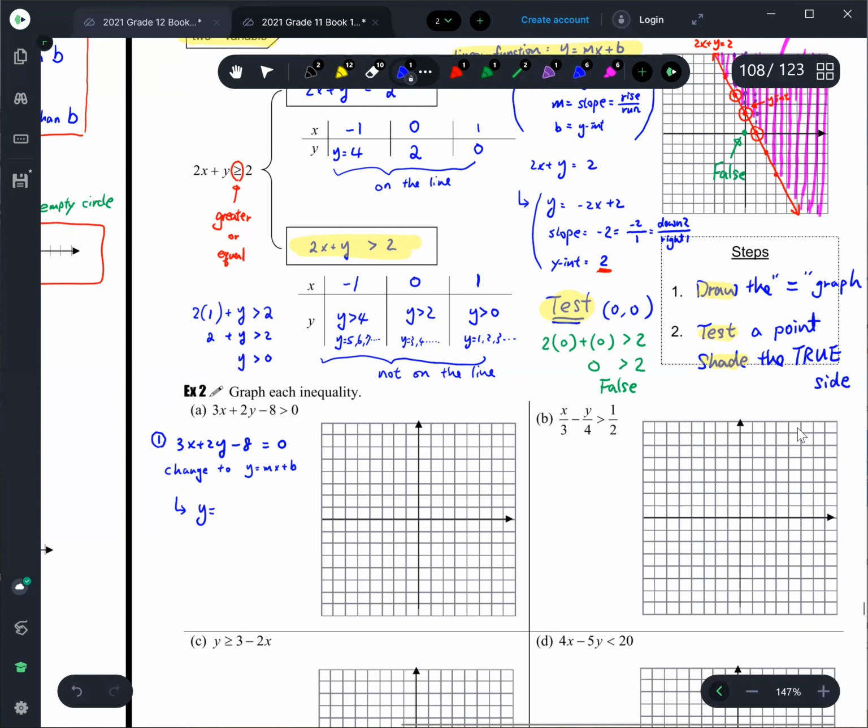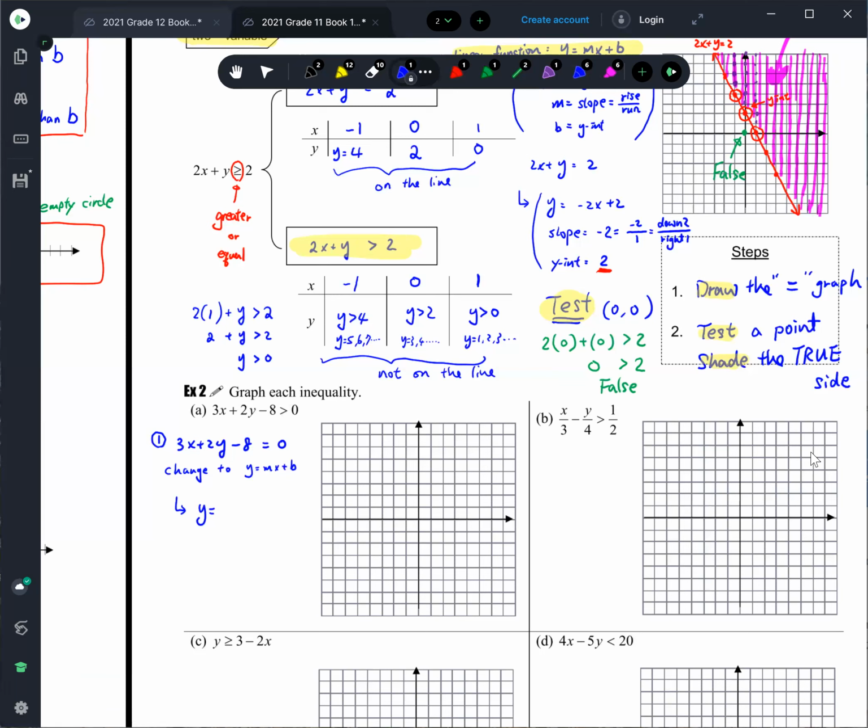Does anyone have questions about how to change to the form? Henry, any trouble? No, I'm just still working on it.